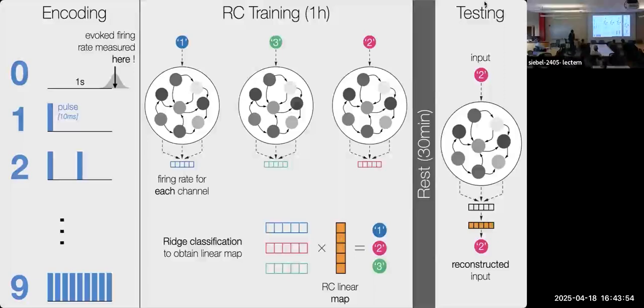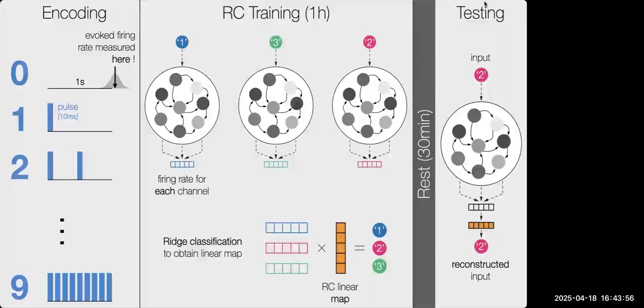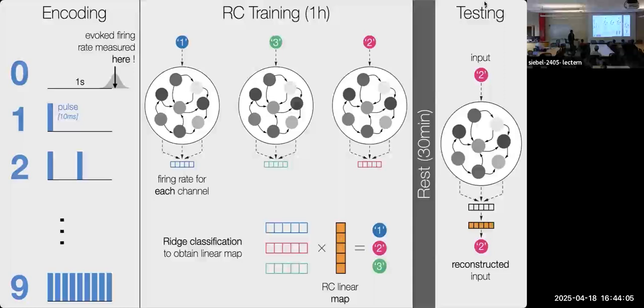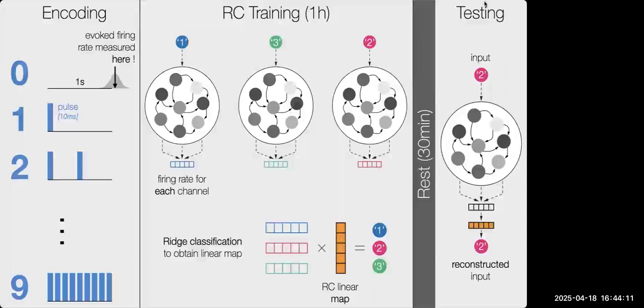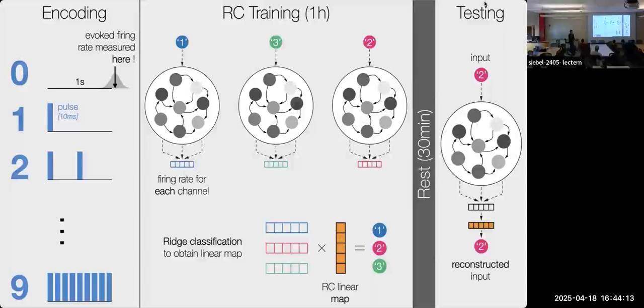Yes. And when you test it, do you provide any signal and see what the response is? Yes, the type of encoding is the same. We give either 1 pulse or 2 pulses in a second, but the sequence would be different from the training.